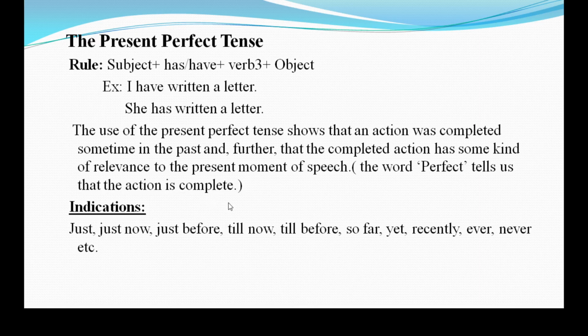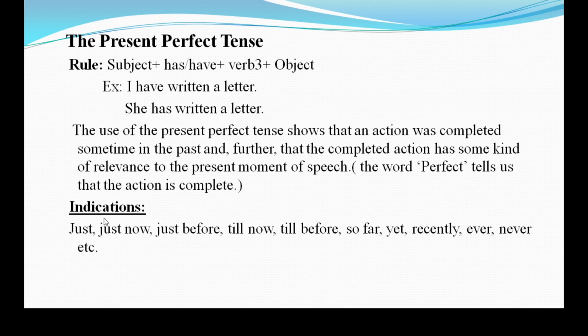We use the present perfect tense to indicate a link between the present and the past. The time of the action is before now but not specified here. That means an action or a situation that started in the past and continues in the present. And here the word perfect tells that the action is complete.